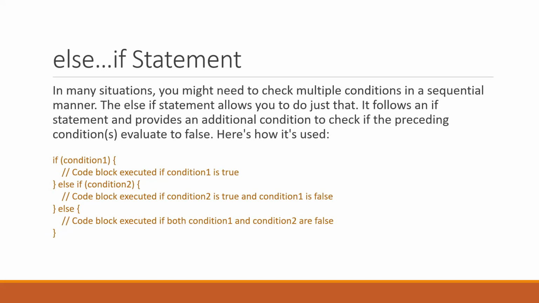If condition 2 evaluates to true and condition 1 was false, the code block associated with it is executed. Fallback, else. If both condition 1 and condition 2 are false, the program executes the code block associated with the else statement. This block serves as a fallback option when none of the previous conditions are met.